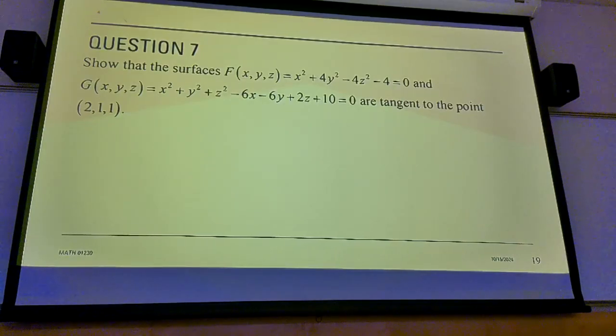If the surfaces are tangent at the point, what can we say about the tangent planes? How do they intersect?